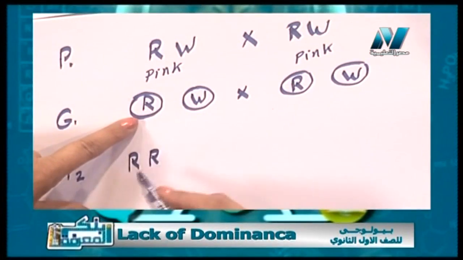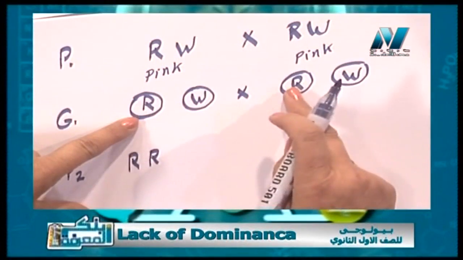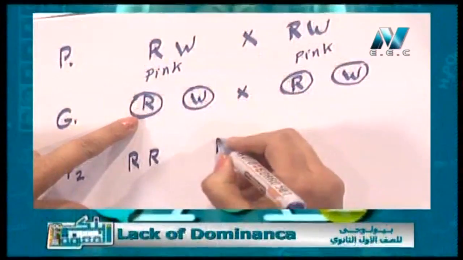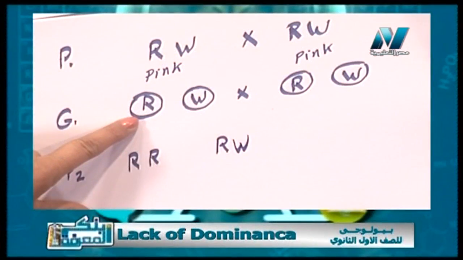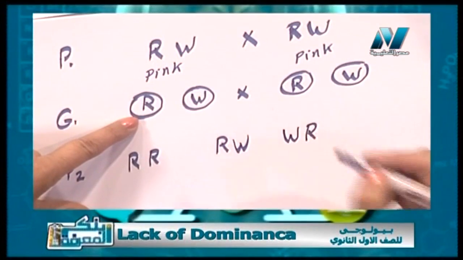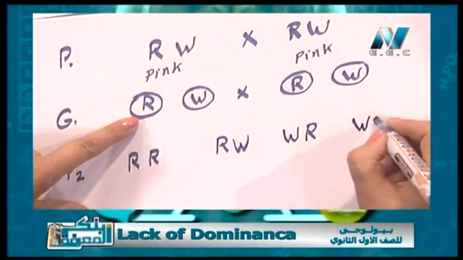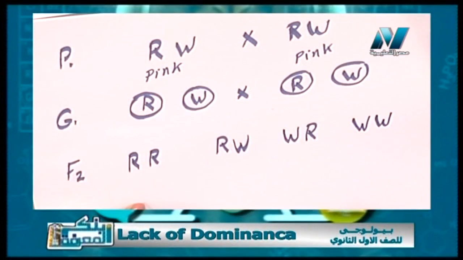So we put R with R, or this pollen grain with another ovum, and the other one with each other, like this. So we have the individuals of the second generation.